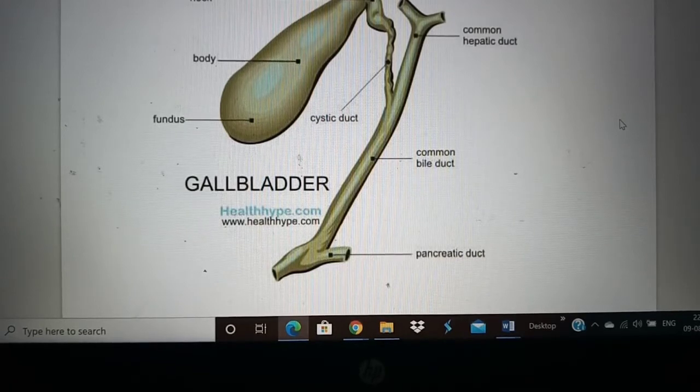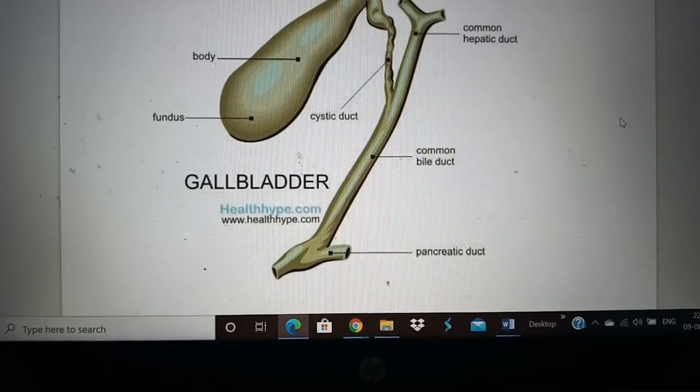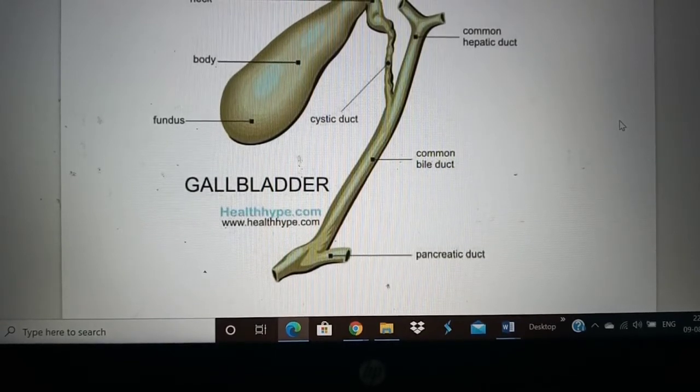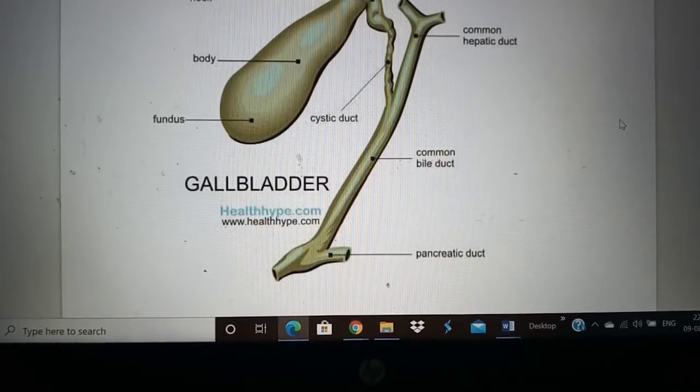These bile salts, which are sodium and potassium salts, play a role in emulsification. What is emulsification? It is the breakdown of larger lipid globules into a suspension of droplets about 1 micrometer in diameter, and in absorption of lipids following their digestion.